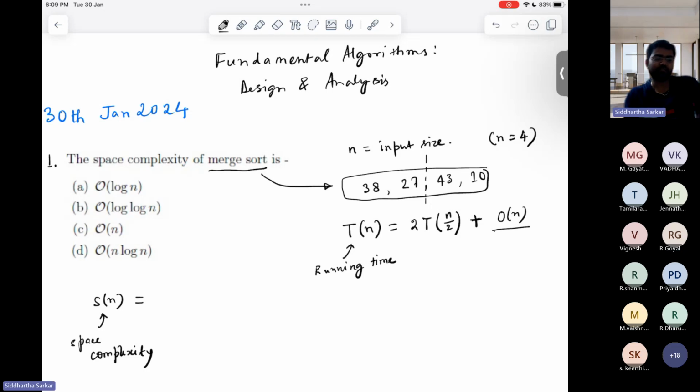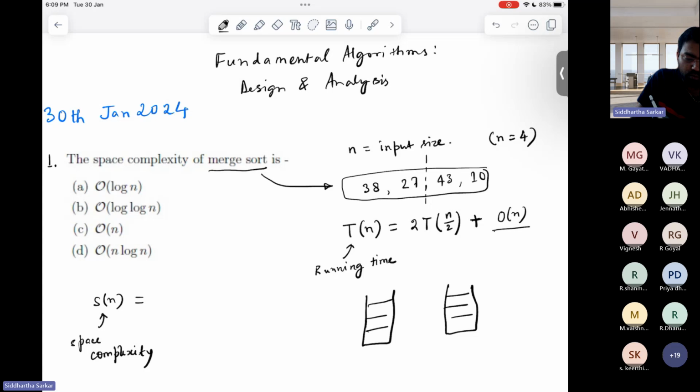The reason is that once we have applied merge sort on the two subproblems, we have already obtained two sorted lists and want to merge two sorted lists. So this is a sorted list, let us say.